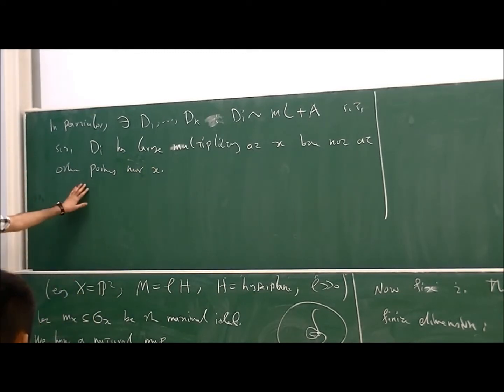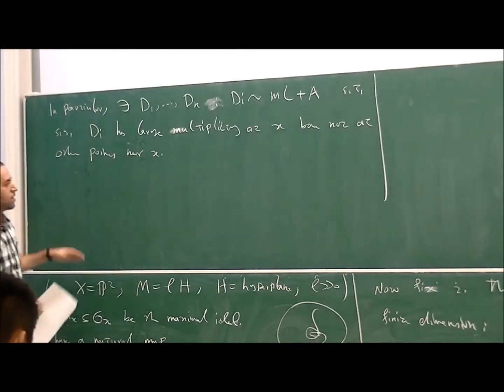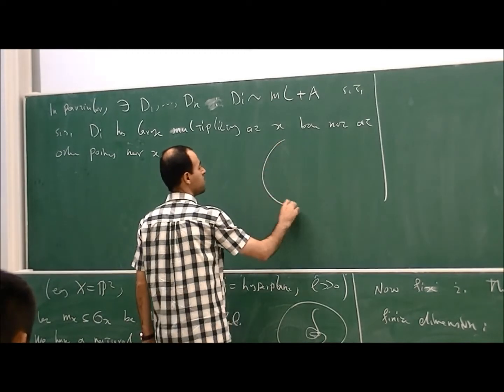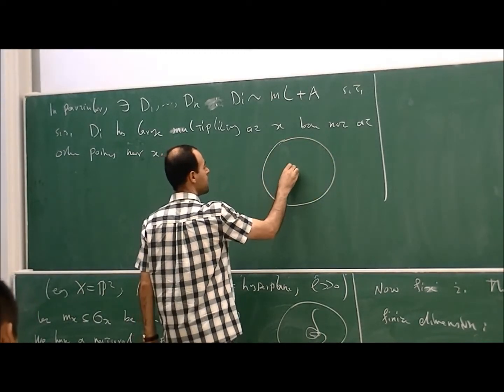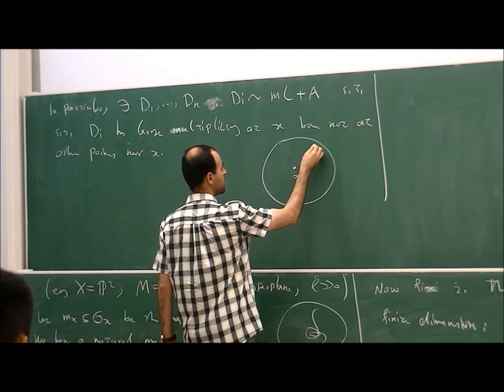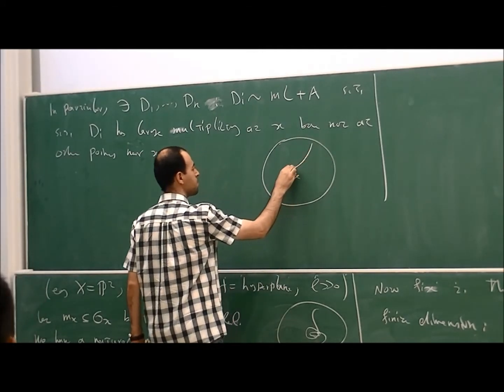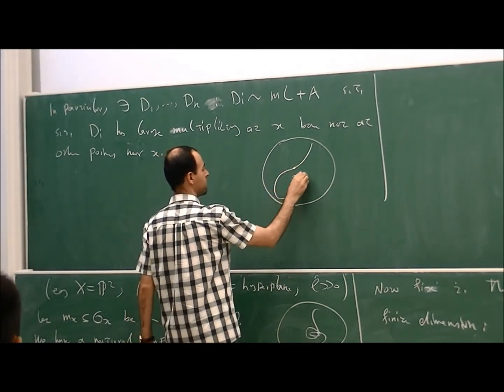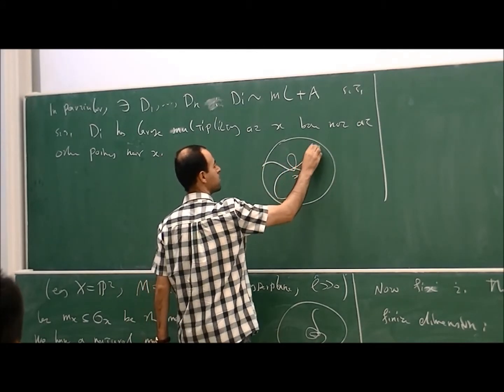But points here you need to understand in a scheme theoretic sense. So again, I better come back to this picture. We have here x, so what I'm saying is that we can create, let's say, very large singularity. This is D1.